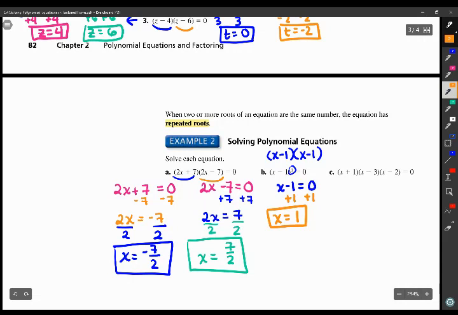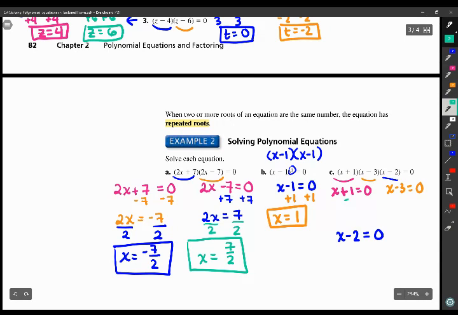And then as we look at the next value, we've got 3 terms. It's not going to change anything. We have one factor of x plus 1. We have another factor of x minus 3. And then we have that third factor of x minus 2. And so we need to make sure that we're solving all of them.